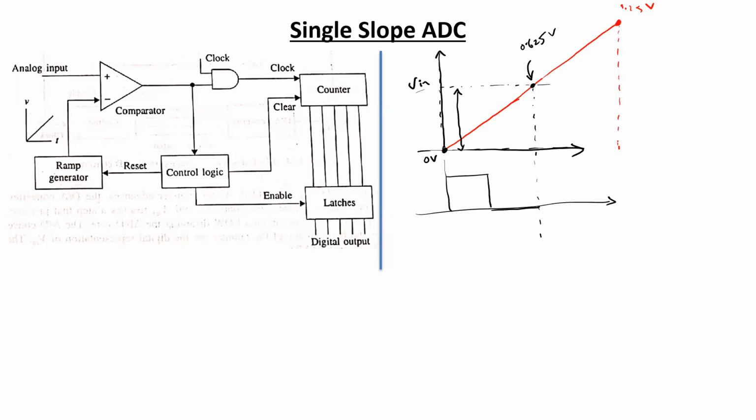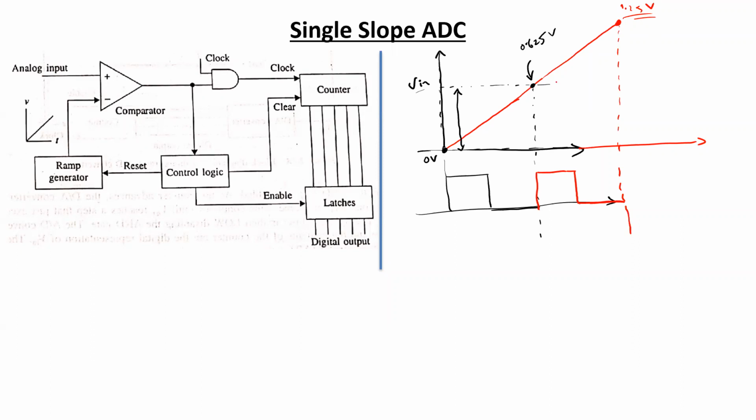So within that period of time, another clock pulse is supposed to be passed for the second count. So from 0 to 1.25, this amount of voltage, 2 clock pulses will be passed to the counter.